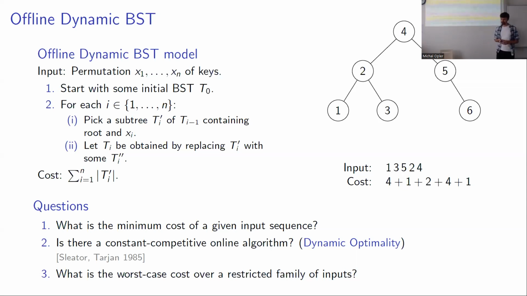And then what people were also considering, starting in fact with this original paper, is what happens if you take some sort of specific input. You might think of inputting things that are, well, the stupidest example is just taking an increasing sequence. Okay, it's not interesting, but as soon as you start doing something slightly more involved, like taking an order which is given by the pre-order of some binary search tree, then already analyzing what splay trees do on these kinds of sequences turns out to be extremely hard, and in many cases is still not understood.